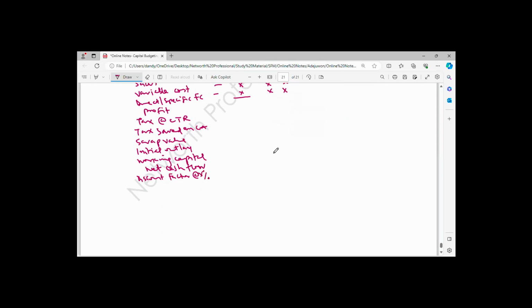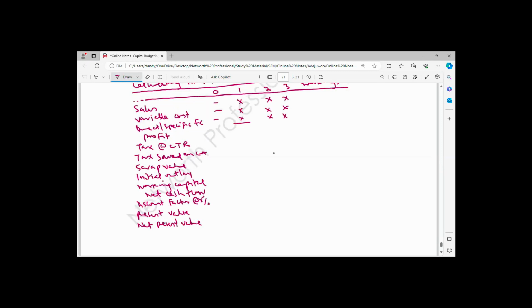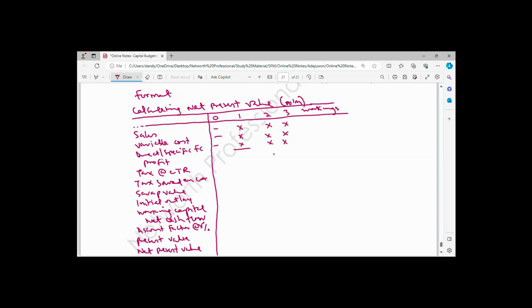Then you are going to have present value. Then finally, you have your net present value. Okay, so I can then draw my table. My NPV is my target.